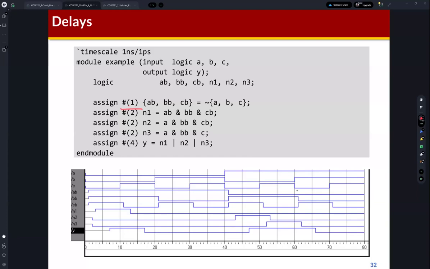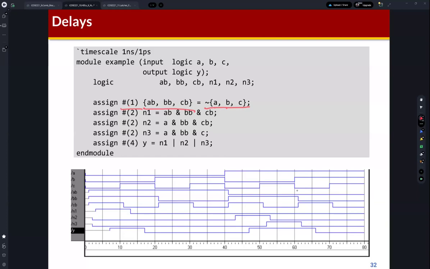So what is the definition of an assign statement? You can understand it like this. These are the right-hand side signals. If one of these signal values changes, then the left-hand signals are updated.